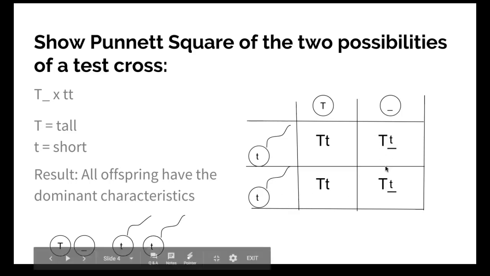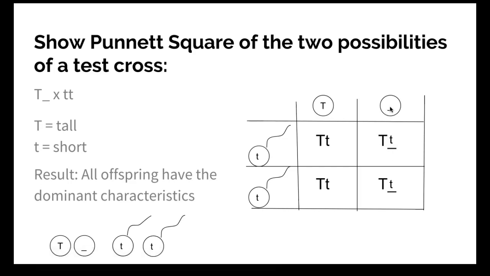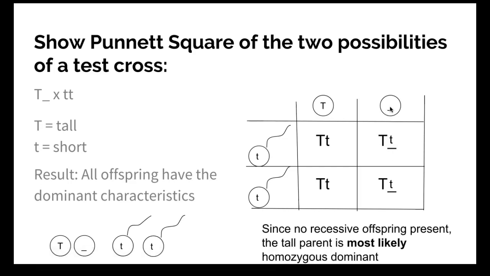So this big T would have to come from the tall parent, so we're going to say that the tall parent is most likely homozygous dominant, so they would have a big T right here. I'm saying most likely because even though I have sometimes two different options, so for the last example, I had either big T or little t as a 50-50 split, just like a coin.